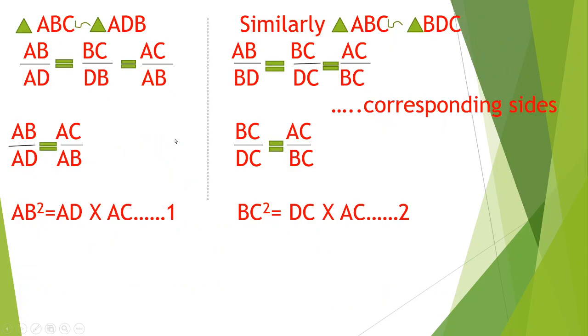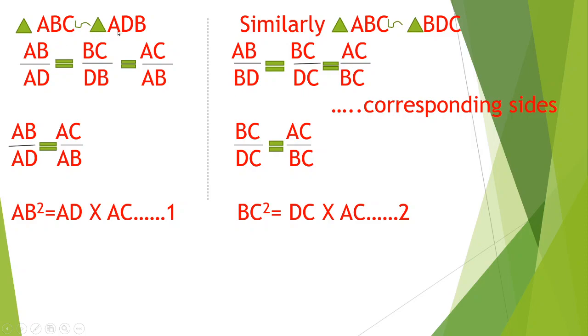Now I am taking original triangle ABC and the first triangle ADB. Both triangles are similar, so the ratios of corresponding sides are equal.